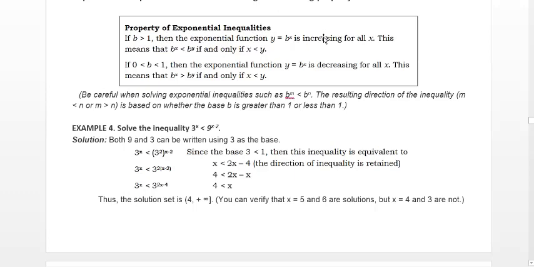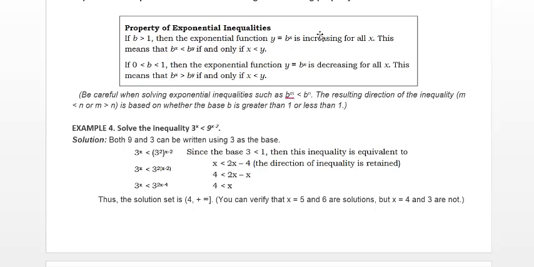This means that b raised to x is lesser than b raised to y if and only if x is less than y. Now, if b is greater than 0 but is less than 1, then the exponential function y is equals to b raised to x is decreasing for all x. This means that b raised to x is greater than b raised to y if and only if x is lesser than y.